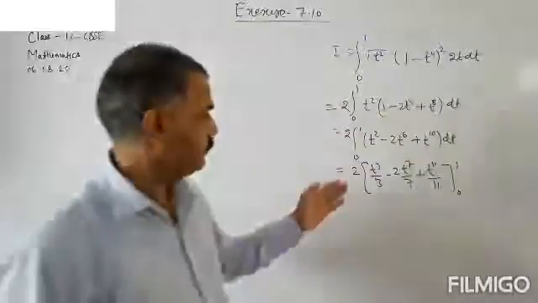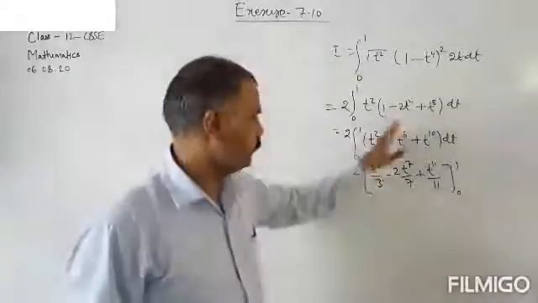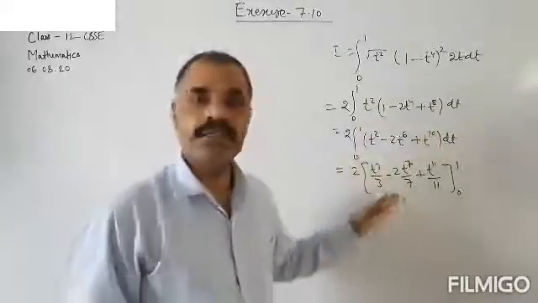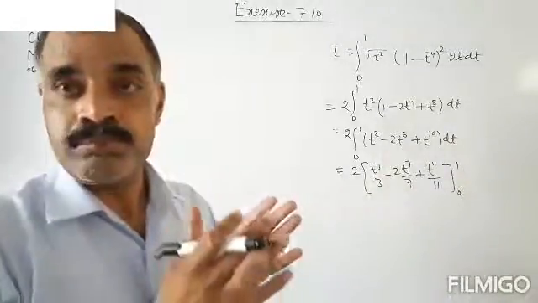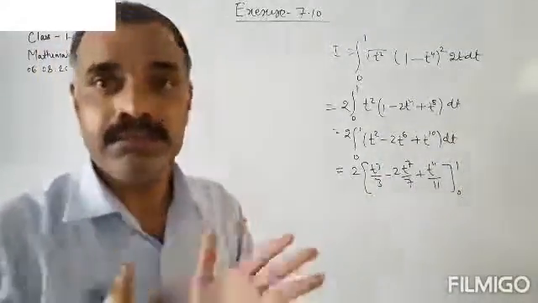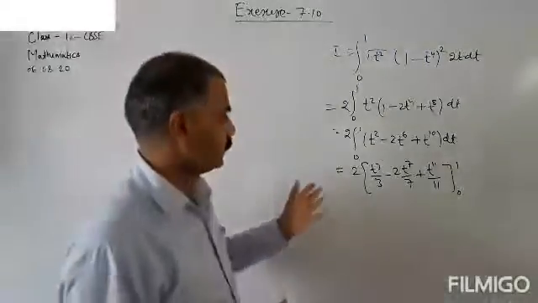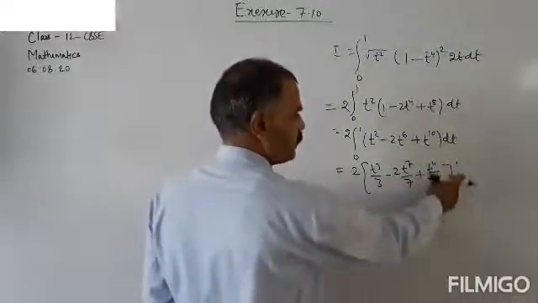Substitution is complete and integration is also complete. Now we have to find the value of the definite integration, with the limit varying from 0 to 1.